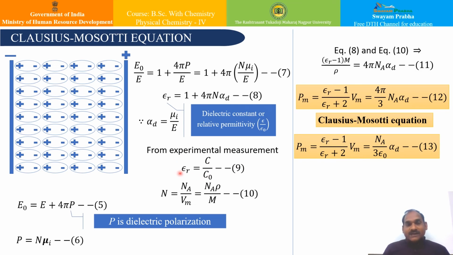Now suppose that 1 mole of a substance of molar volume Vm, density rho and molar mass M is used as dielectric between the plates, then we can have this expression.